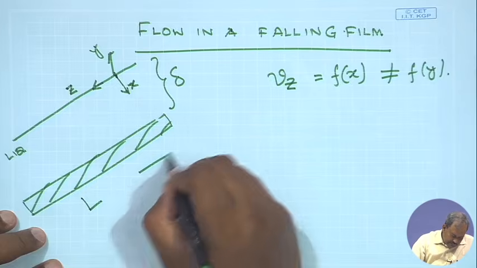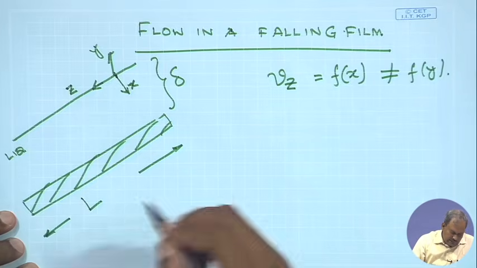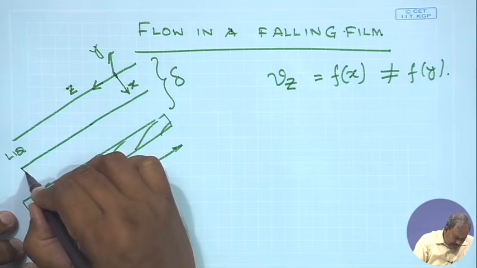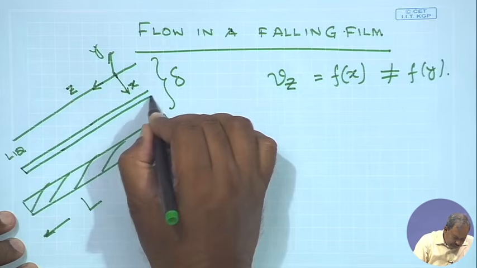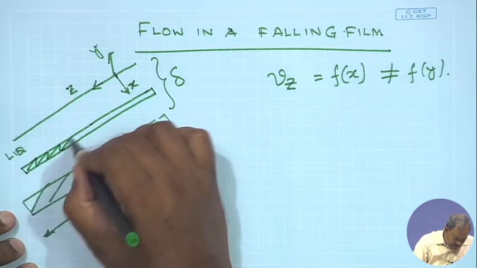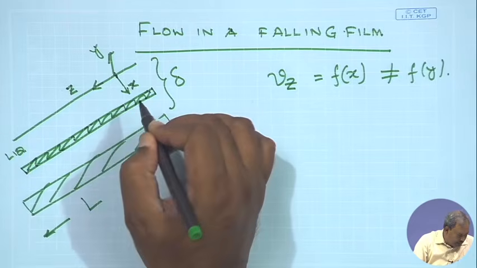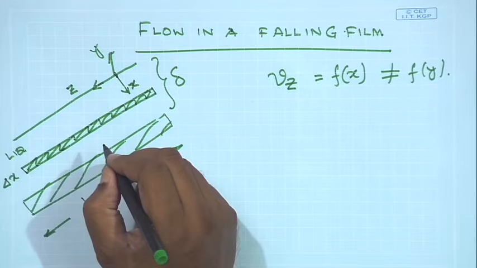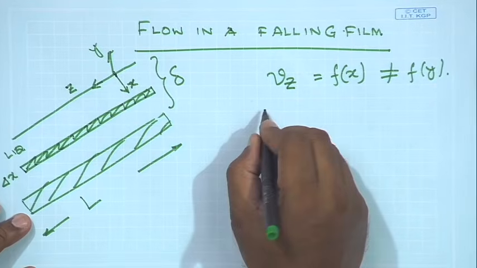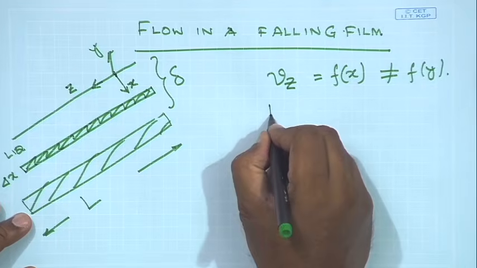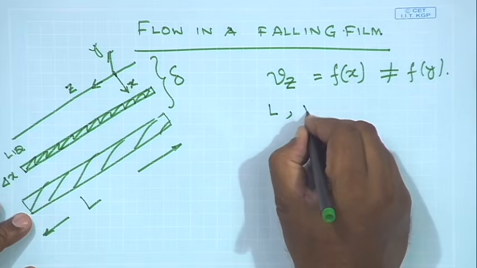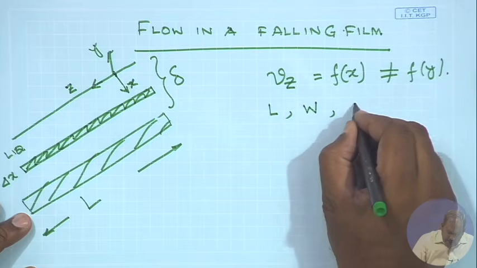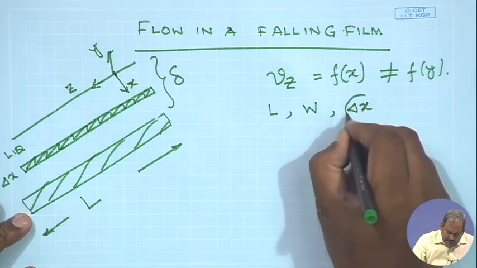The length of this is L, and since it varies with the x direction, the control volume that is chosen is of size delta x. So, this control volume has a length L. Let us assume the width in the y direction is W, and in the x direction it has a thickness of delta x.